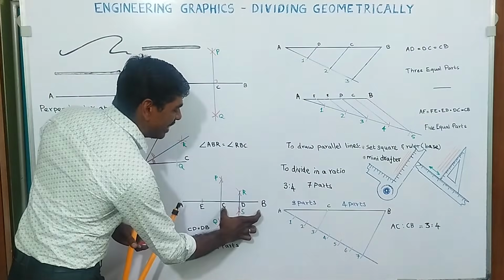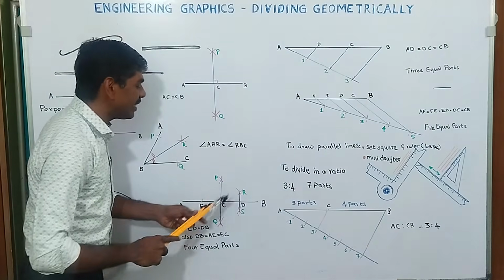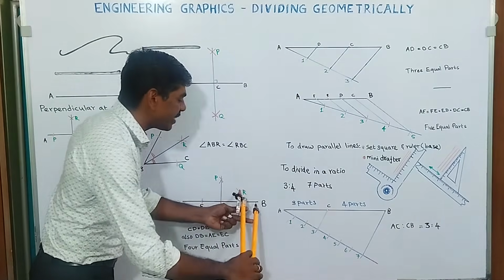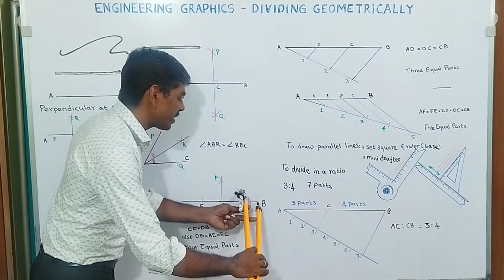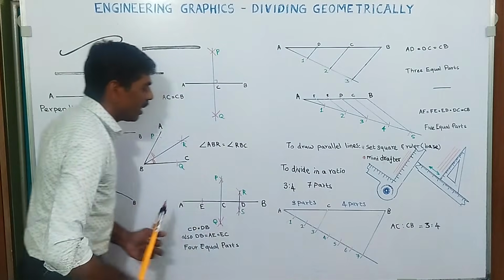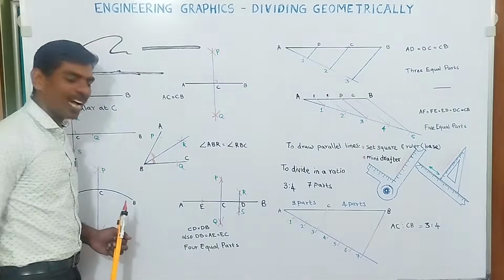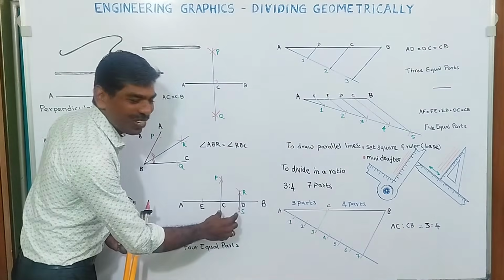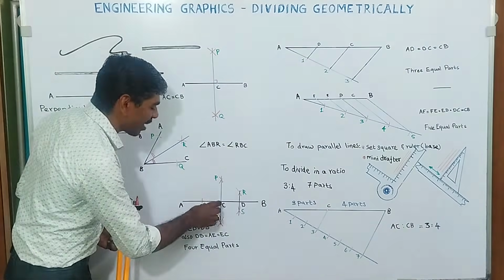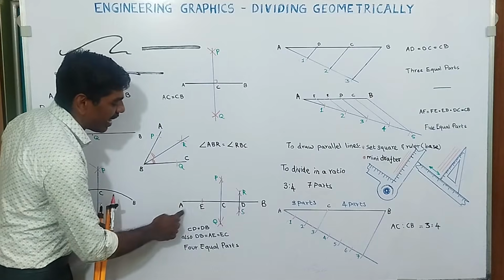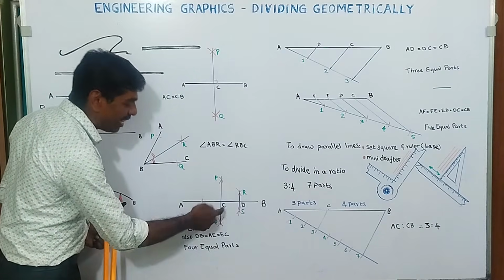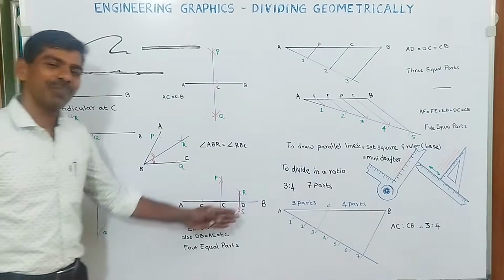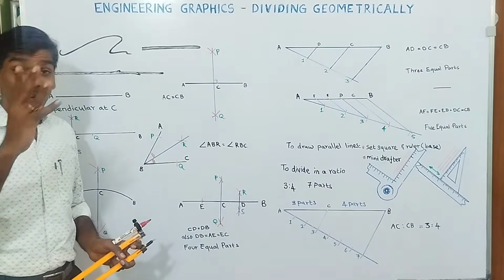Now going to this end alone, with C as center, make an arc above and below, and with B as center, without changing the radius, cut it above and below. Here we have got D. Now, DB and CD are both equal actually. Take this and make another arc. Now we will find that AE is equal to EC, which is equal to CD, which is also equal to DB. Here we have divided the line into 4 equal parts.